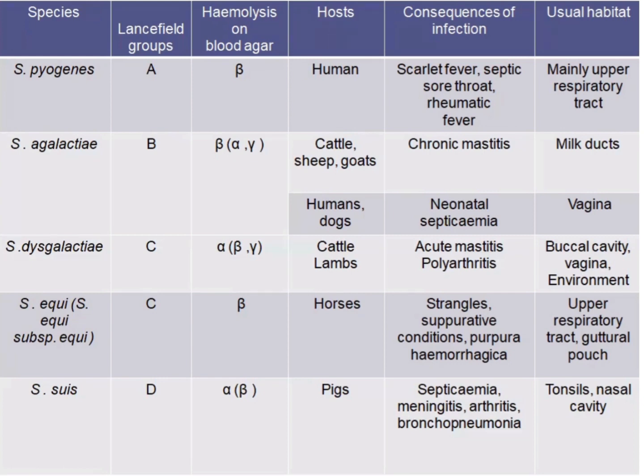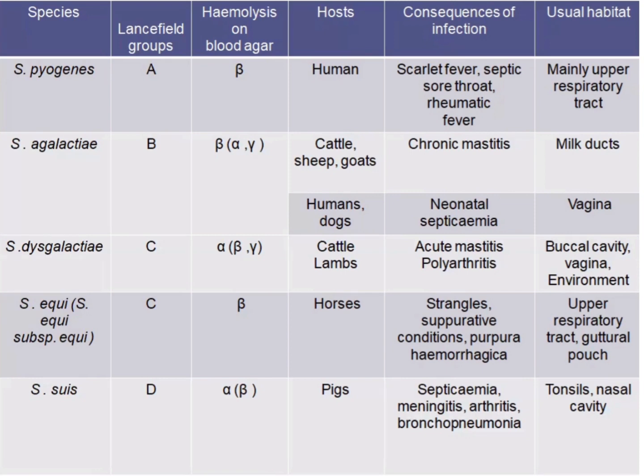One strain causes infection in cattle, sheep, and goat, and they cause chronic mastitis. And the usual habitat is the milk duct or udder. Another strain of Streptococcus agalactiae infects humans and dogs, and they cause neonatal septicemia, and the vagina is the usual habitat of Streptococcus agalactiae.